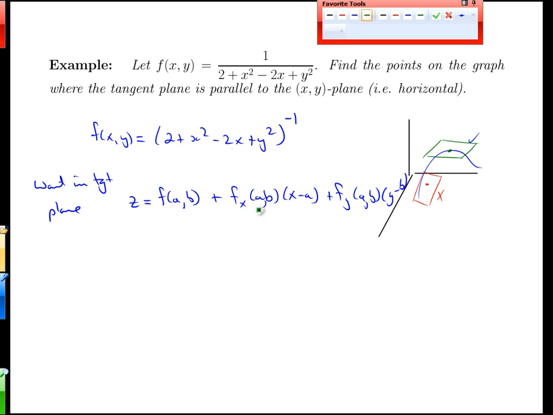Well, if we want the slope of the tangent plane, or the shape of the tangent plane, to be perfectly horizontal, then we'd better have both of these slopes equal to 0.